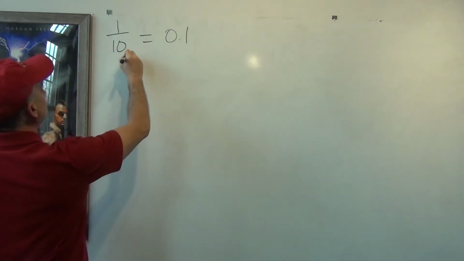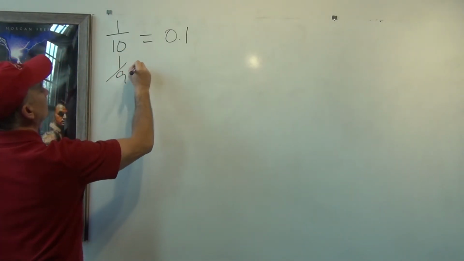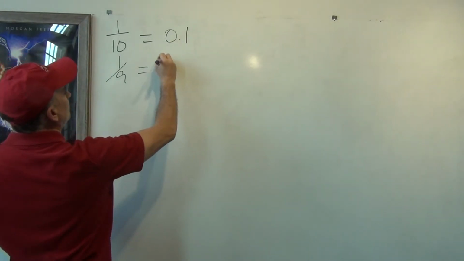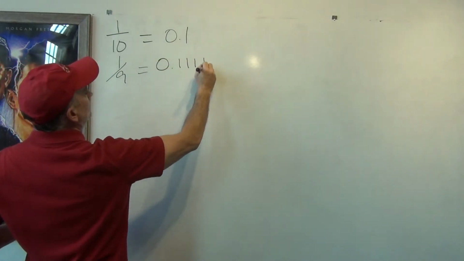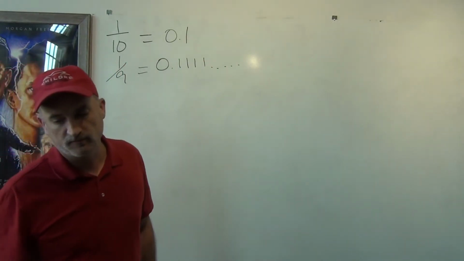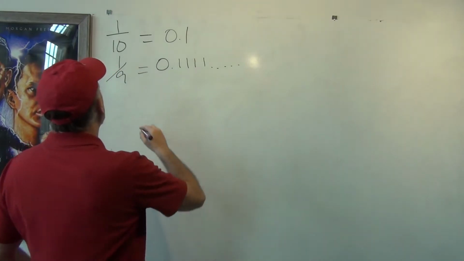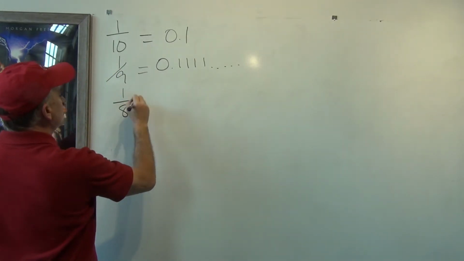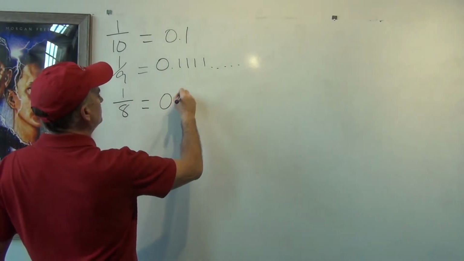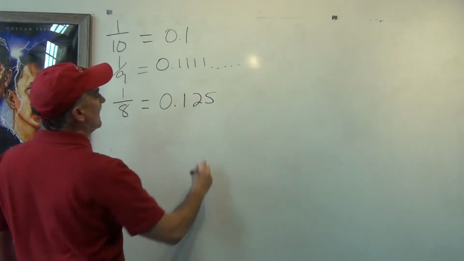All right, let's go with 1/9. 1/9 is going to be 0.1 to infinity. It's going to keep going and going and going forever. Okay, let's do 1/8. 1/8 in decimal form is going to be 0.125.